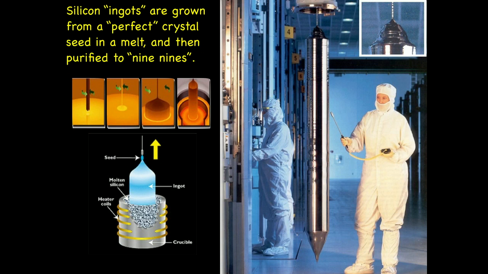It's kind of pulled out of this molten material, making a pure silicon ingot. There's a picture of one here. And these are very pure. They have very few impurities in them, because an impurity in the silicon can lead to a fault in the circuit.